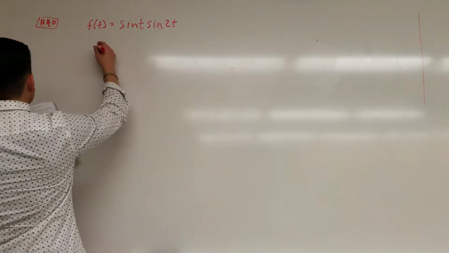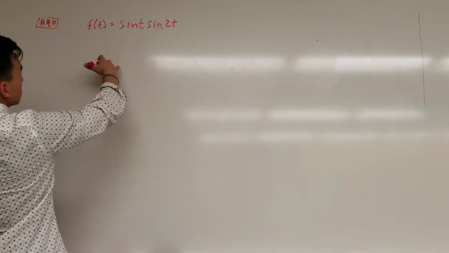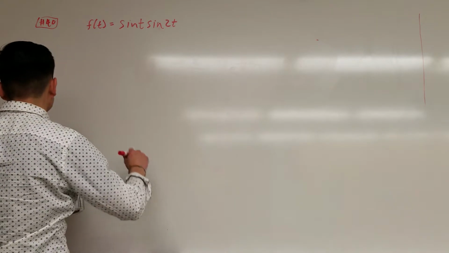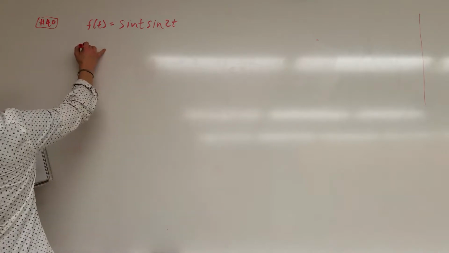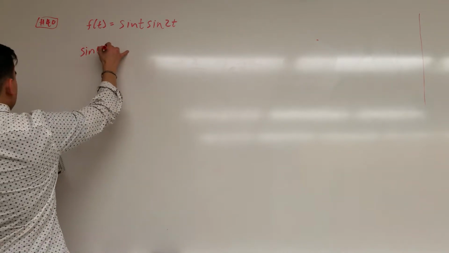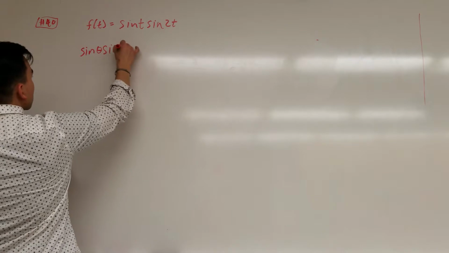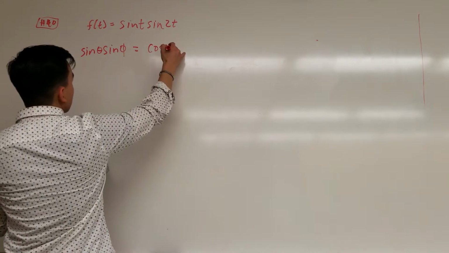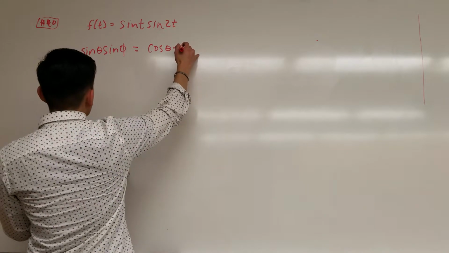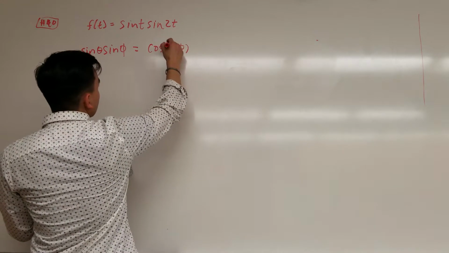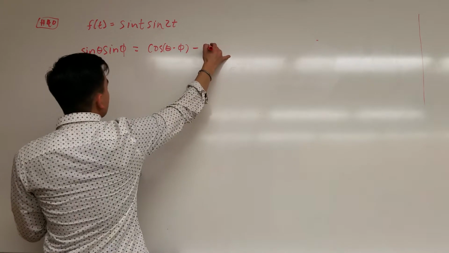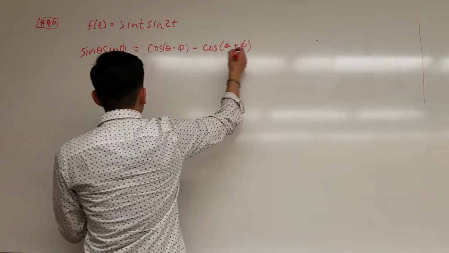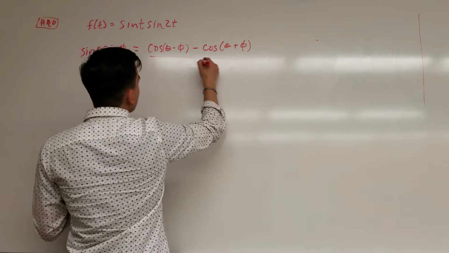Okay, so one thing we have to think back to is trig. In trig, we have this formula: sine theta times sine phi equals cosine of theta minus phi, minus cosine of theta plus phi, or phi, whatever you prefer.